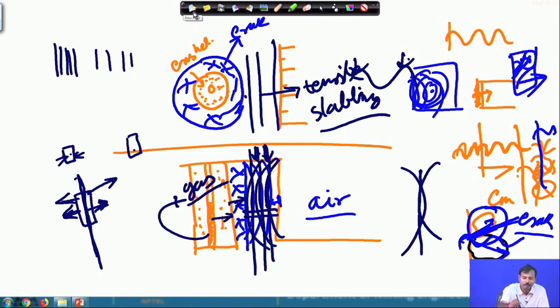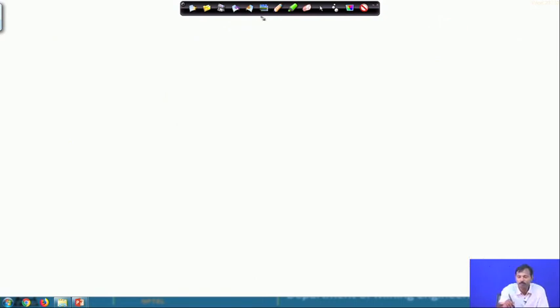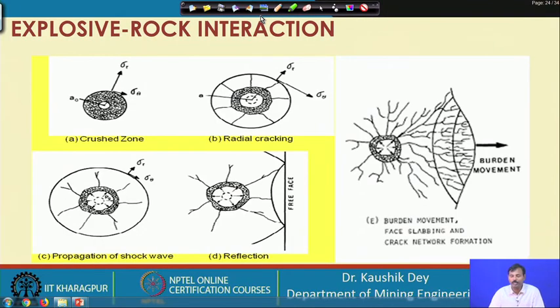So, basically we carry out the same thing. Here you can see this is the crushed zone, this is the radial cracking zone, and this is the reflection, which is basically giving us the tensile slabbing.